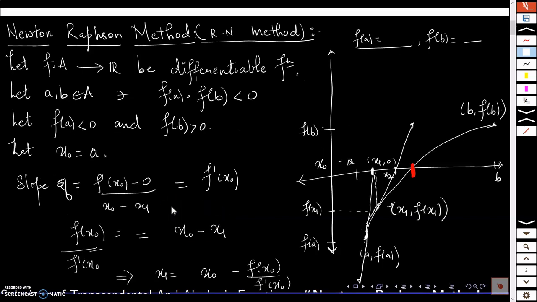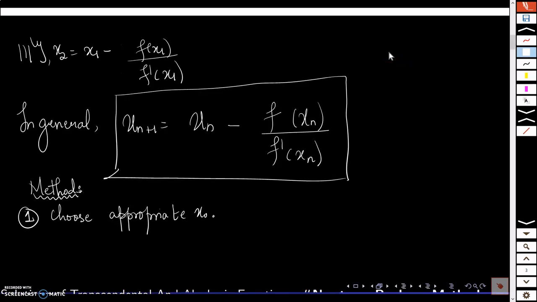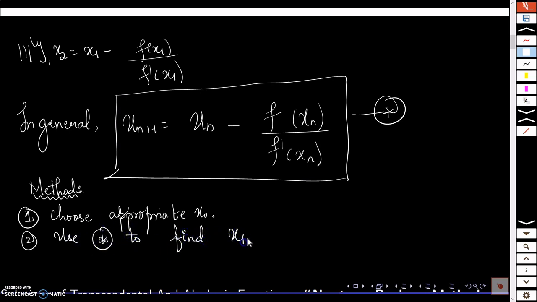If a range is given to you, a comma b, interval, then you compute f of a and you compute f of b, and whichever is closer to the root, you pick that a or b as x naught. Okay, so after computing x naught, you can use expression, I can put star here, you can use star to find x1.